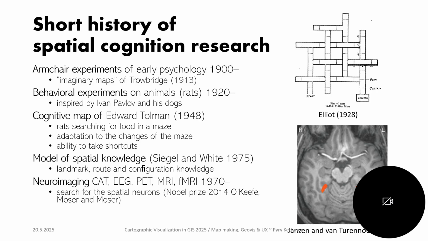And then Edward Tolman essentially created the basis for this model of spatial knowledge that was then collected together by Siegel and White 1975, where they made this theory of landmark, route, and configuration knowledge, according to which it can be said that we organize the knowledge of the environment in our heads.